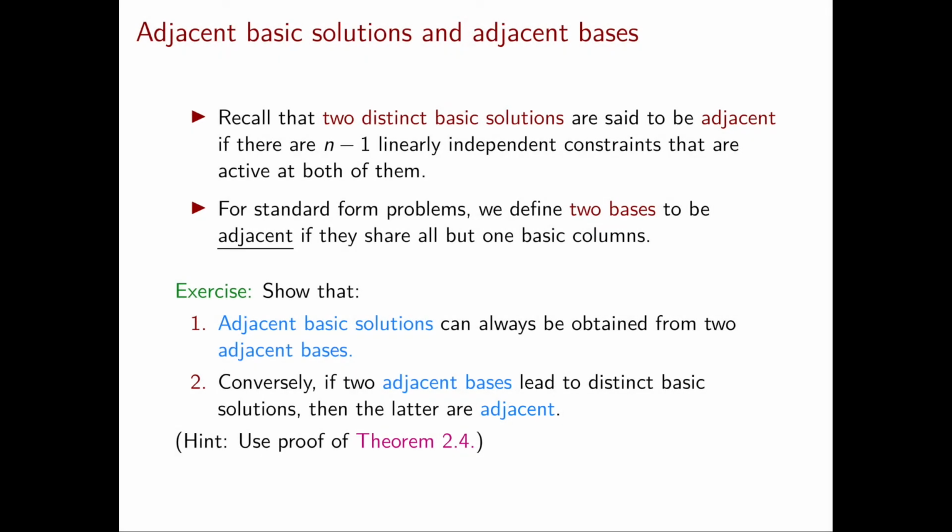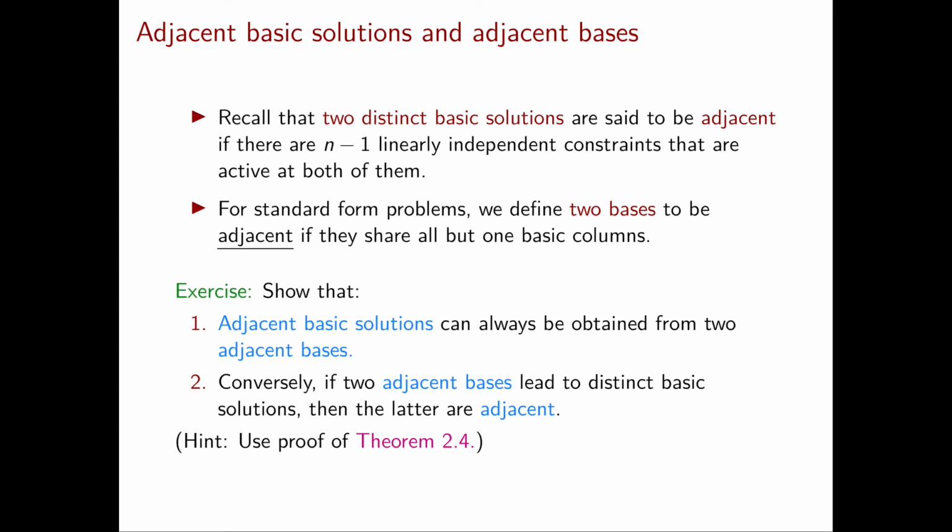Essentially, these two conditions tell us that while it can happen that two adjacent bases lead to the same basic solution as we have just discussed, if this doesn't happen, then adjacency behaves as expected, namely that adjacent bases are mapped to adjacent basic solutions, and adjacent basic solutions correspond to adjacent bases.